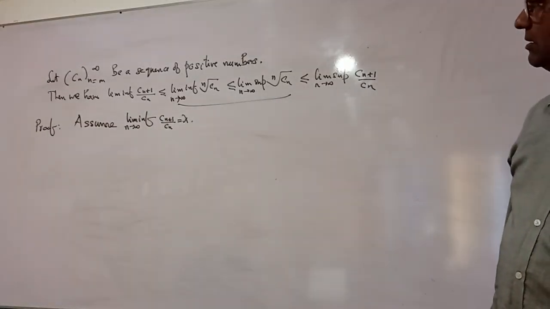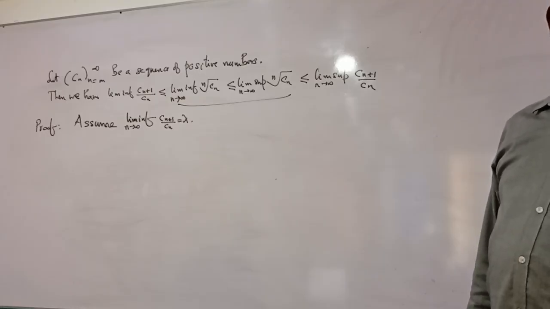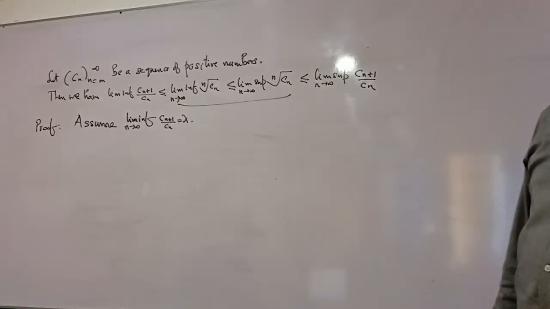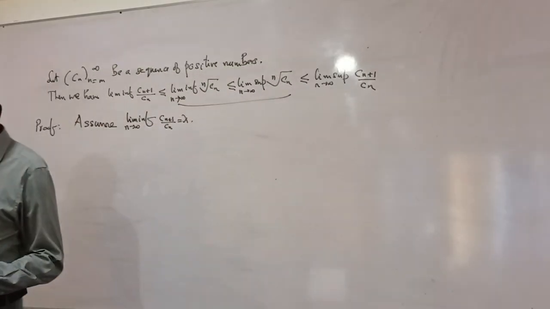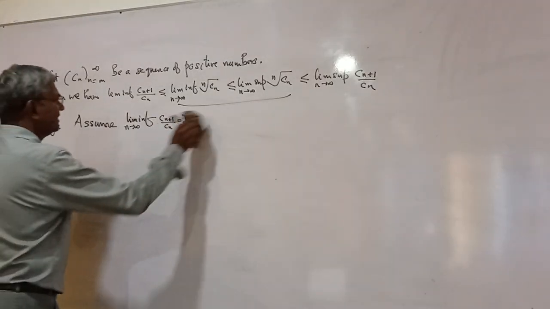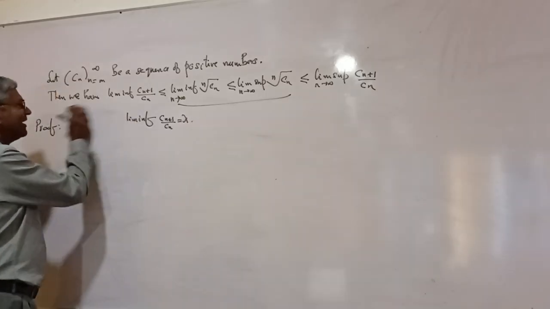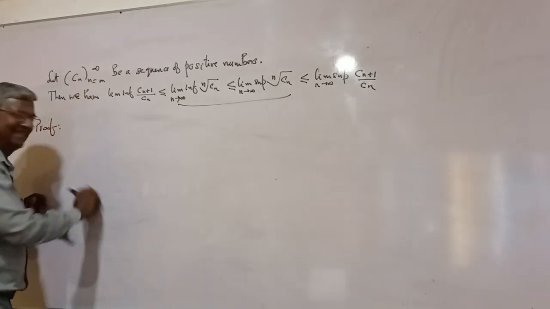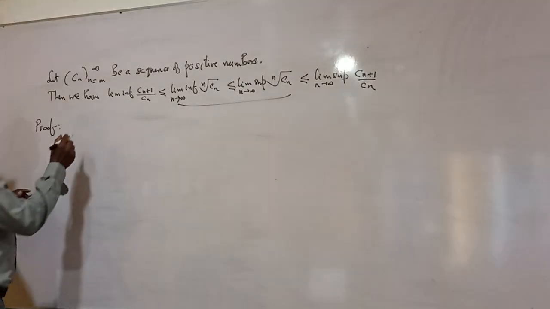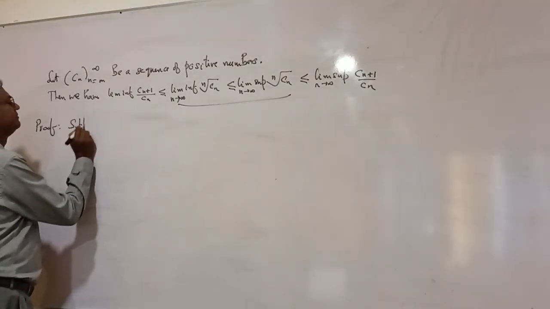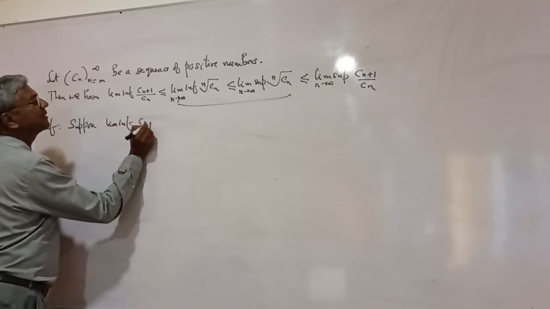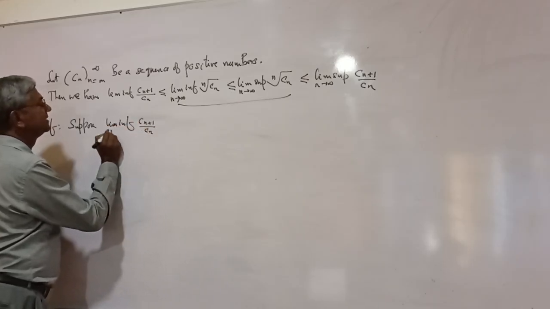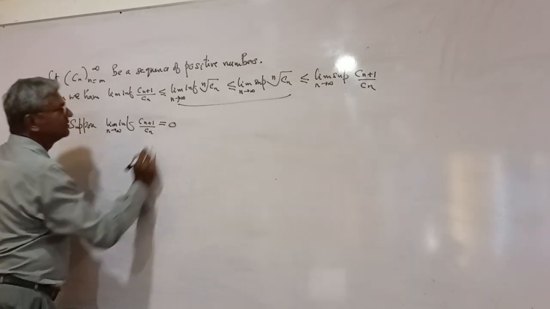Mu, not lambda. Don't we have to assume the condition that if it is negative infinity, that's nothing to prove? You are right. When I was writing, it came to my mind, but I was lazy. Suppose lim inf Cn plus 1 over Cn is equal to 0.